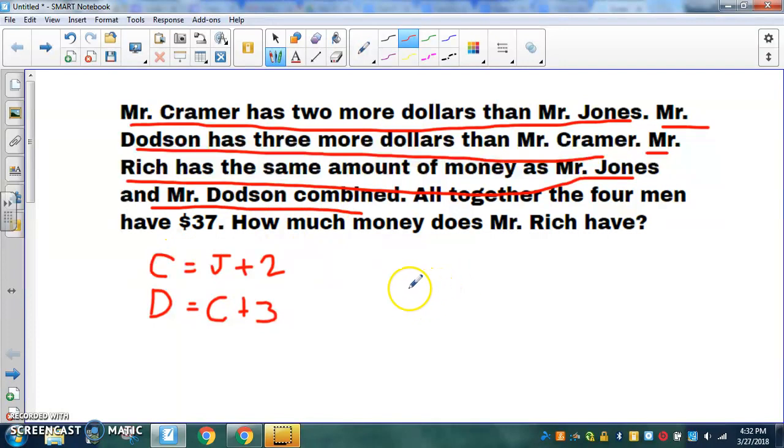So we've got 3 men so far, and now we're going to say Mr. Rich is equal to Mr. Jones and Dotson combined. So Jones would be J again, and Dotson is D. Start plugging in some things here, okay?